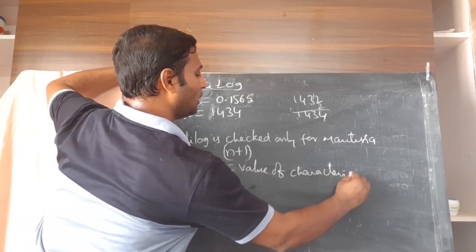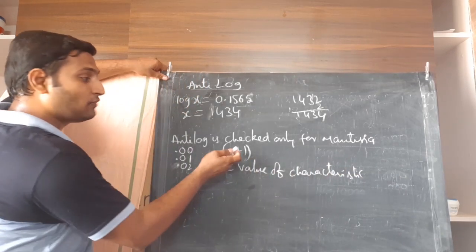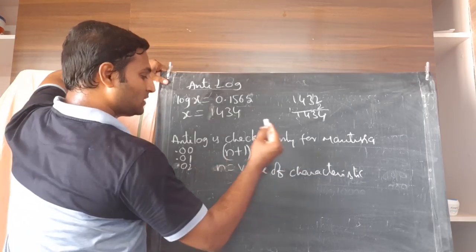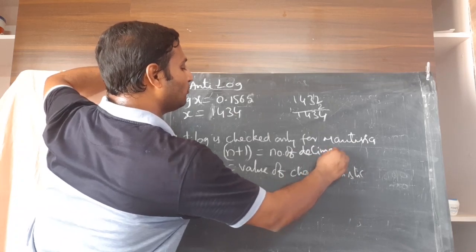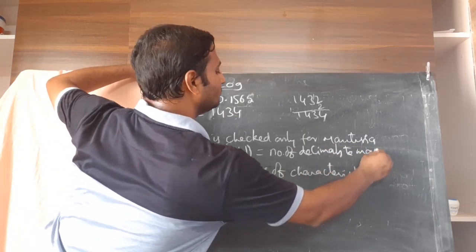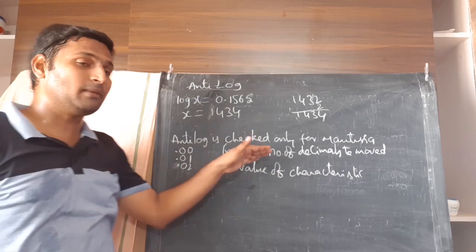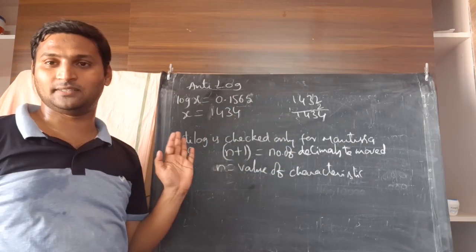N plus 1 is the number of decimals to be moved to get the value of x.